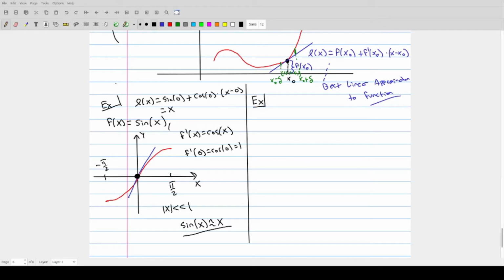I'll label this one as a differentiable example. For our function that's not differentiable, we'll look at f of x equals the absolute value of x.